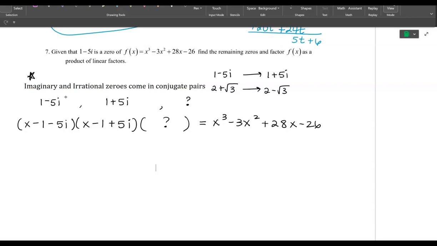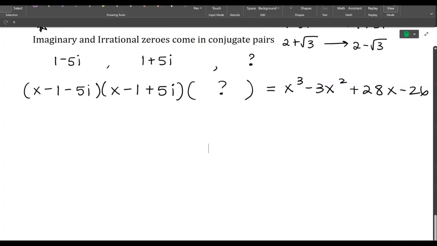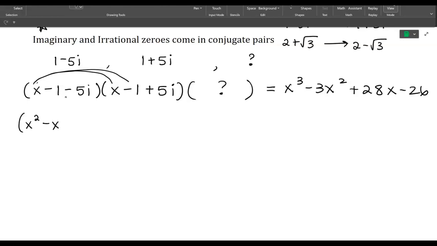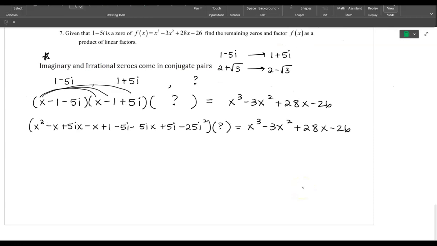So let's begin by multiplying these first two sets of parentheses. We have x times x, which is x squared. X times negative 1 is negative x. And then x times 5i is 5ix. I'll continue multiplying this out. There should be a lot of things that cancel, like this positive 5ix and this negative 5ix. Positive 5i and negative 5i will cancel.